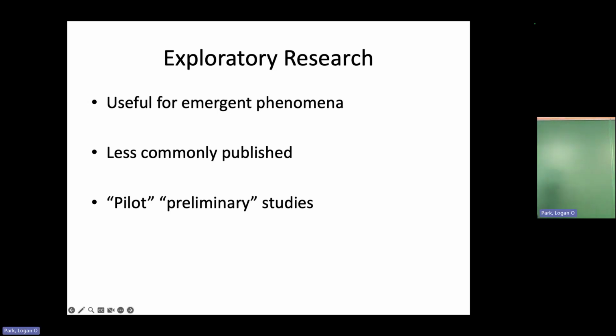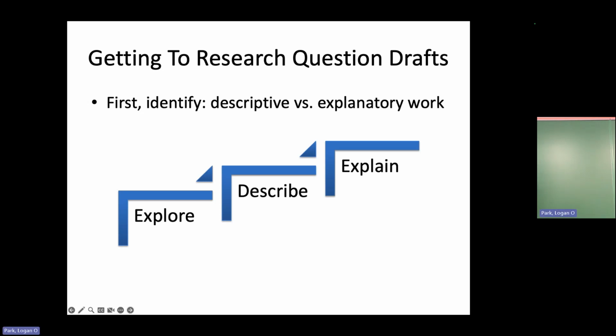Okay, so moving on. First we want to use this explore, describe, explain research life cycle thing. Really, practically speaking, this is about getting to your research question, right? So my current PhD student, Rebecca, has a solar eclipse research question lined up for April.